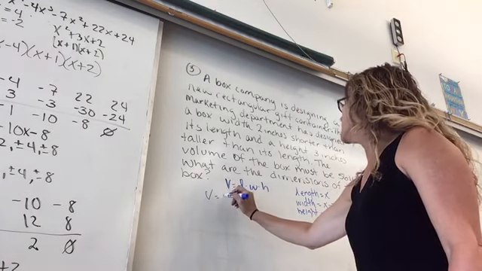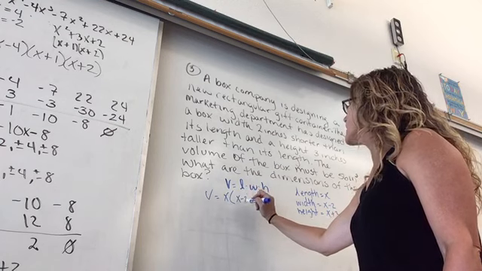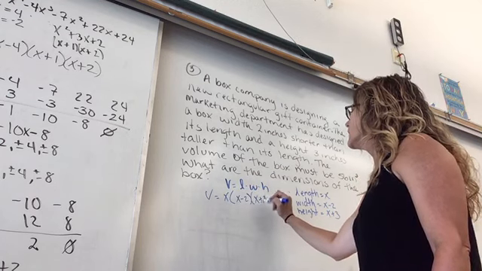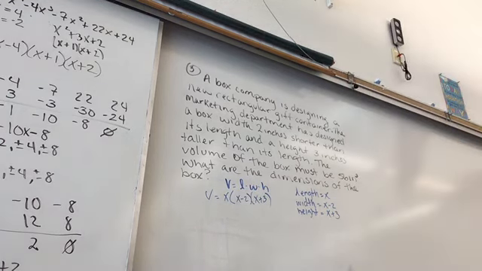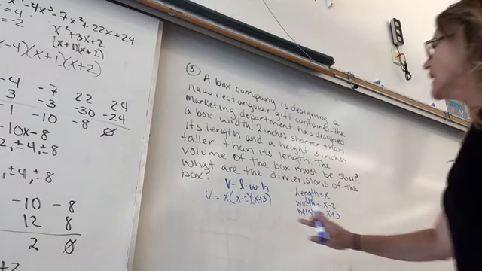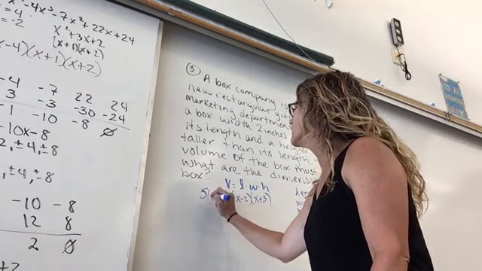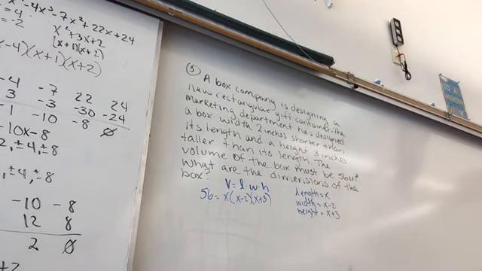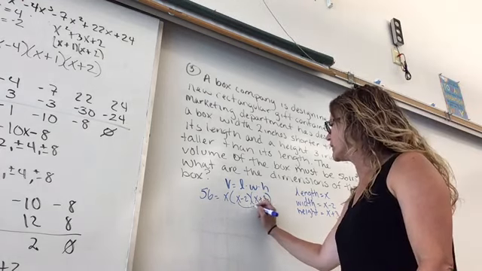So our volume then becomes x minus 2, x plus 3. And we know that that volume actually has to be 56. So to be able to solve a quadratic, we have to set it equal to 0. So we're going to do a little foiling here.